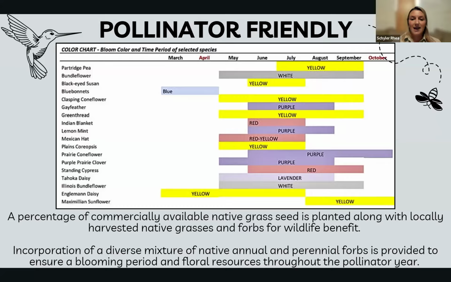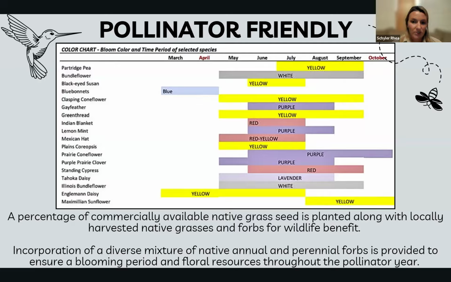There's not really one species that fits all. There are several different species that have certain ecotypes that are very important to note, and to make sure that you are including the correct ecotype for the region that you are located.